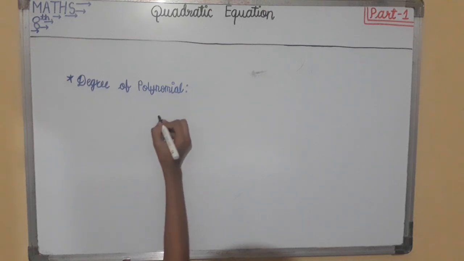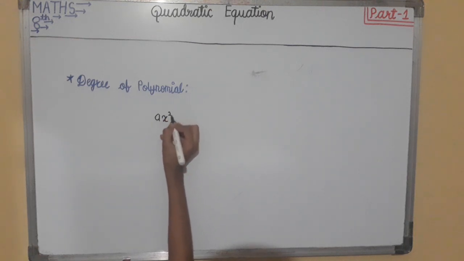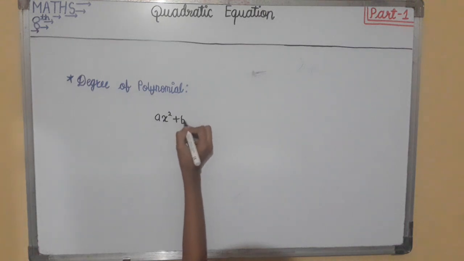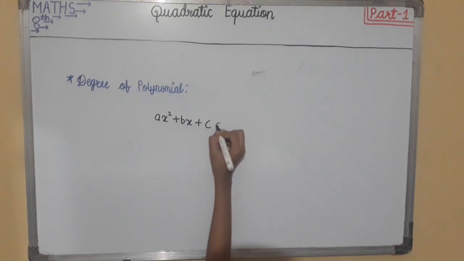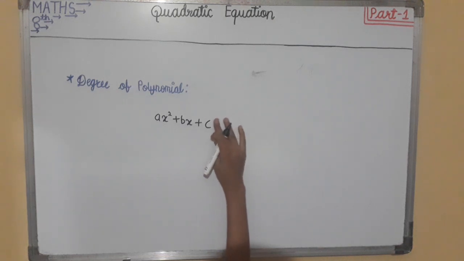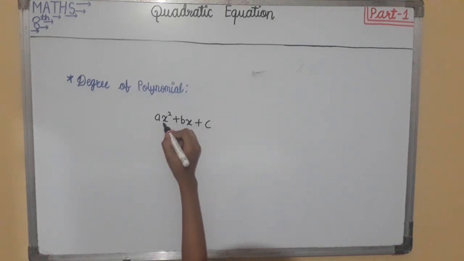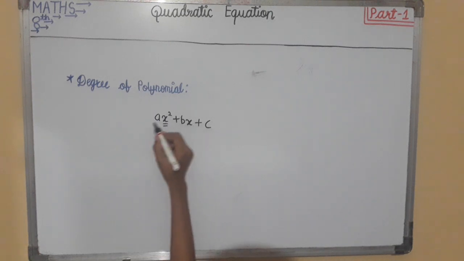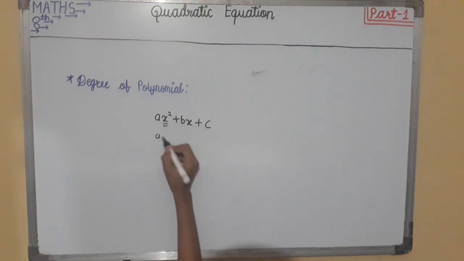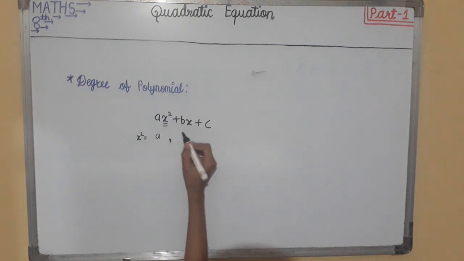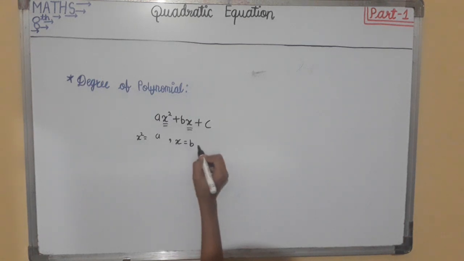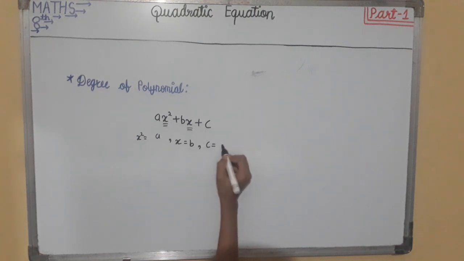Means ax square plus bx plus c, where we have to see this x square's coefficient should be a, x coefficient should be b, and c is the constant.